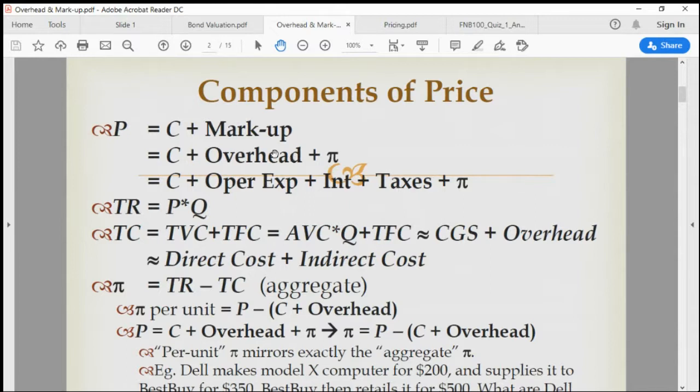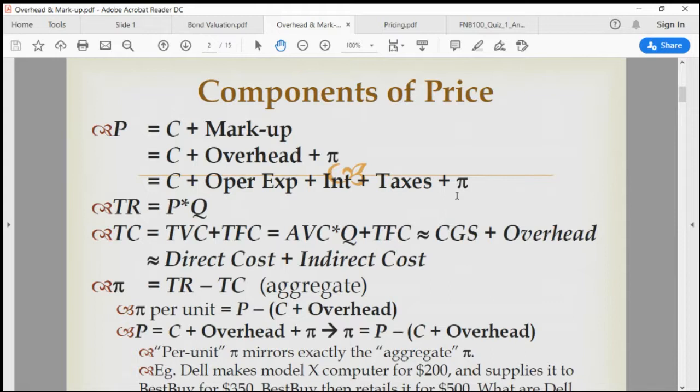So the markup is the $200 portion, the portion from which operating expenses, interest, and taxes are all covered, and after that, the profit must still be derived from that markup.